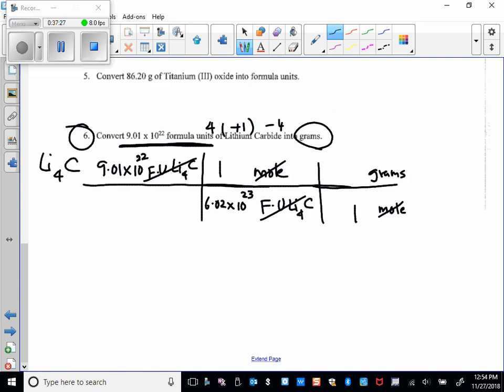How should I get my number before grams? From the periodic table. How many lithium atoms are there? How many carbon? 1. What is the mass of one lithium off of the periodic table? 6.94, and carbon is 12.01. So if I multiply, what do I get?